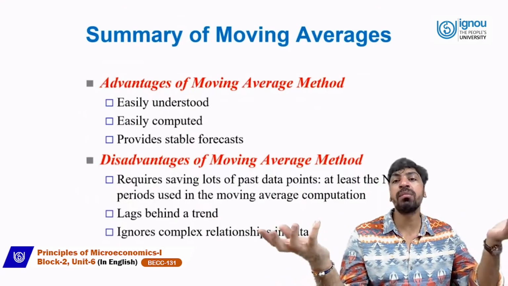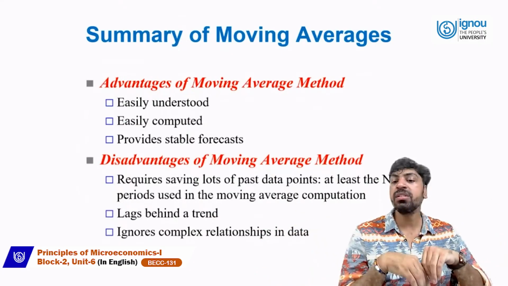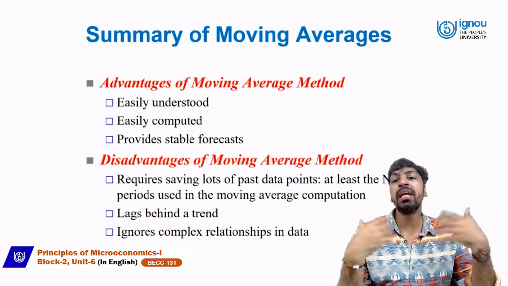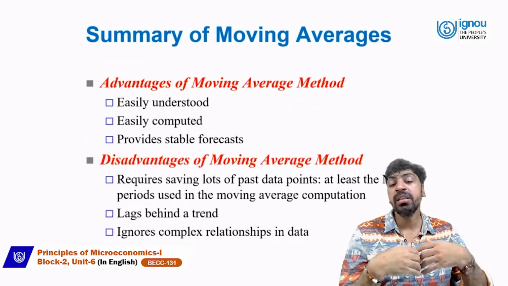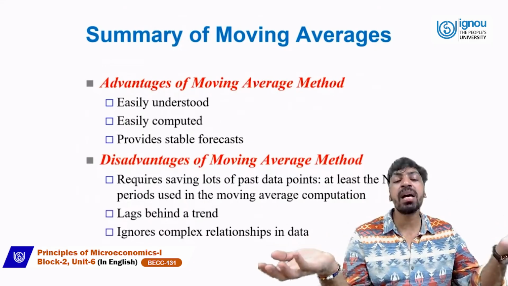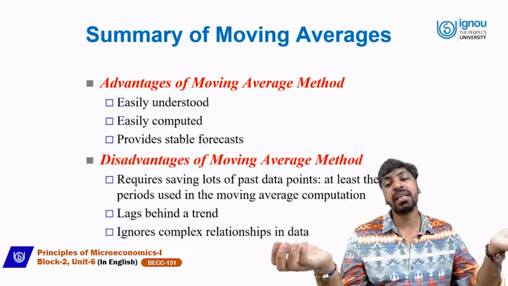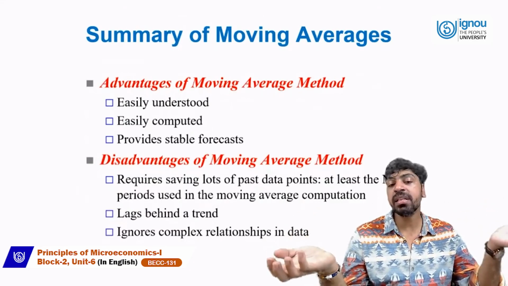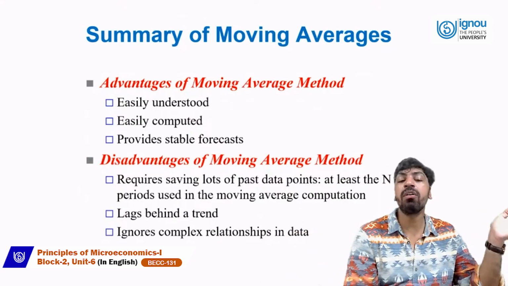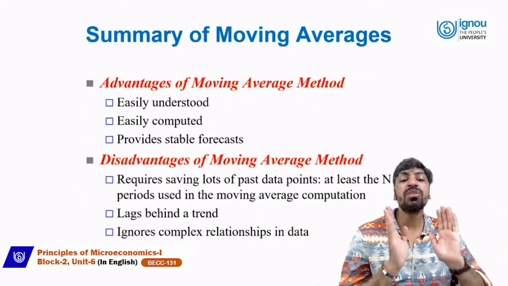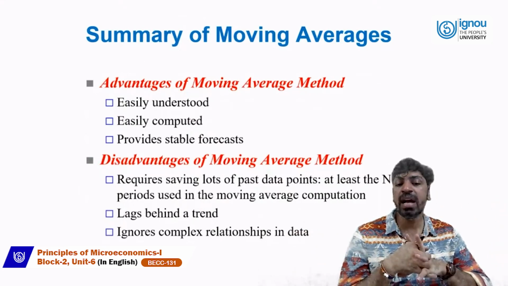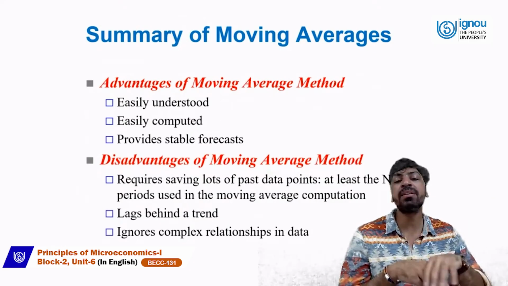There is no limit while adopting this method, so there would be plenty of past data points. If there is a finite series, it will save the researcher's time. The next disadvantage is that it lags behind the trend.